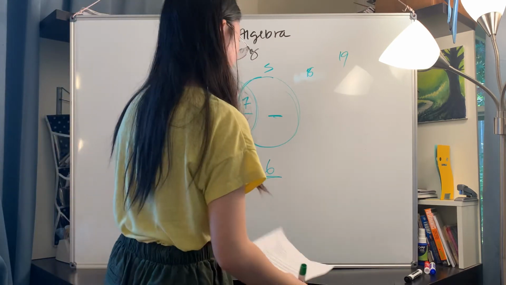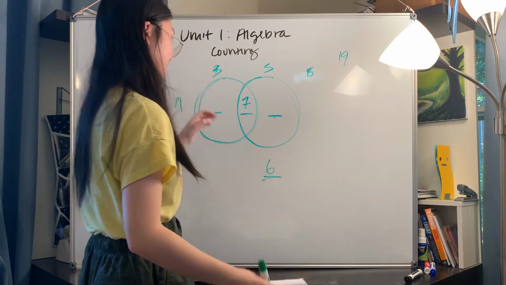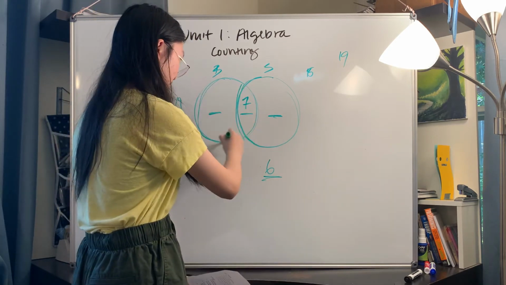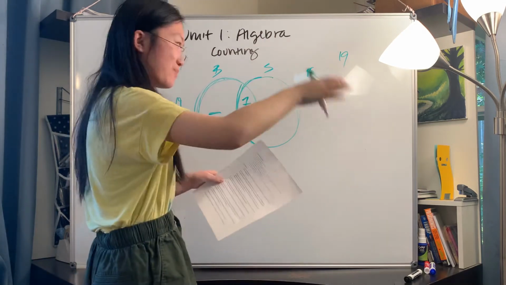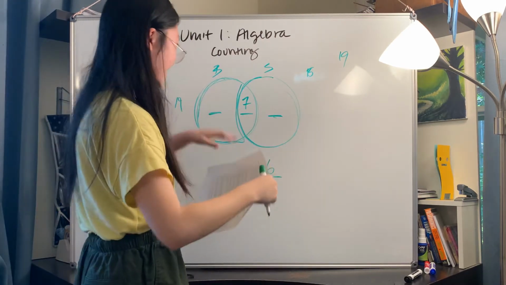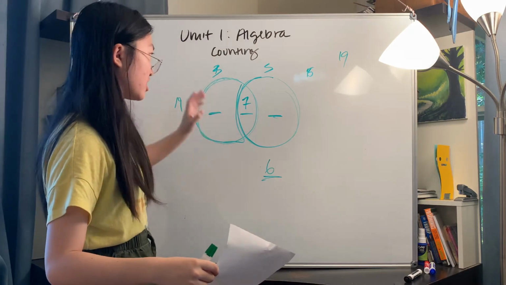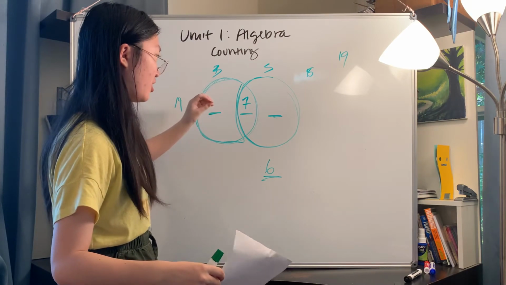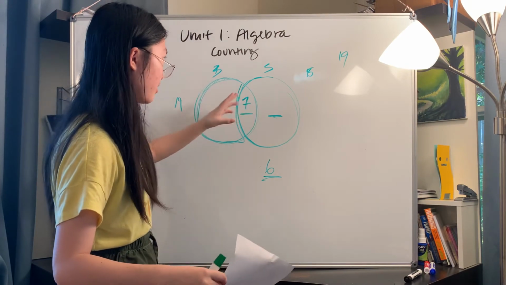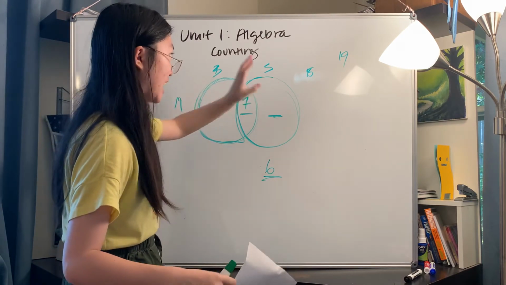But that doesn't necessarily tell you what the numbers are in here and here, because this section, this circle with a chunk bitten off, is for all the students who only have a brother. So they have a brother, but they don't have a sister. And this is for students who only have sisters.